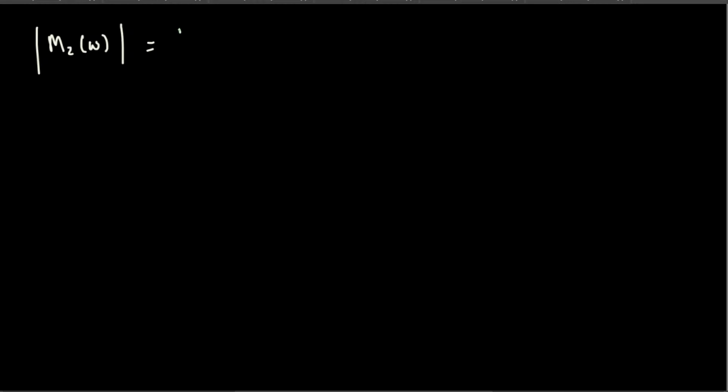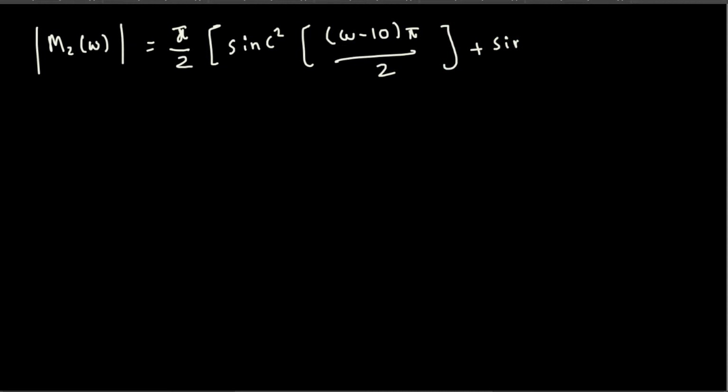So this is going to be similar to the first Fourier transform: pi over 2 times sin square of (omega minus 10) pi divided by 2, plus sin square of (omega plus 10) pi divided by 2, multiplied by pi over here. And that's it.